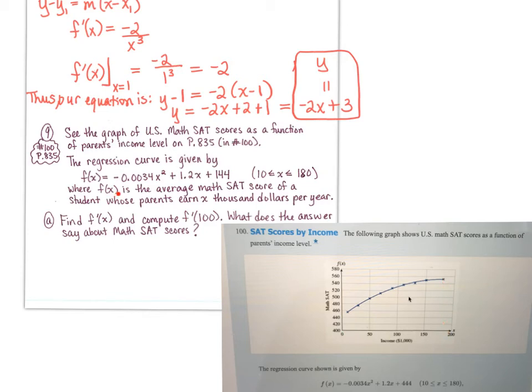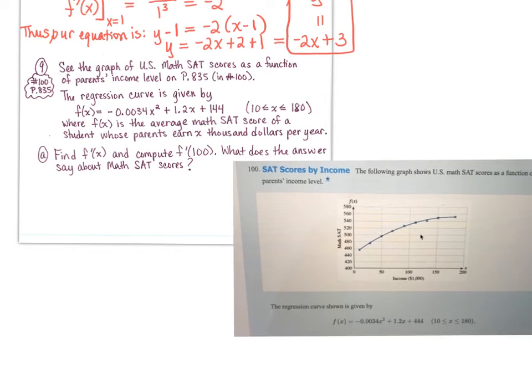Here f of x is the average math SAT score of a student whose parents earn x $1,000 per year. Find f prime of x and compute f prime of 100. What does the answer say about math SAT scores?